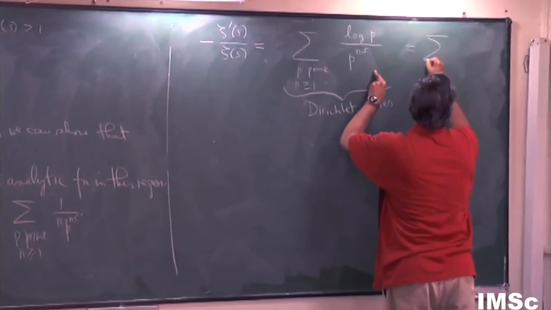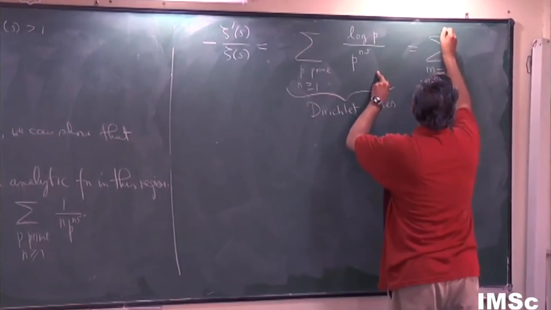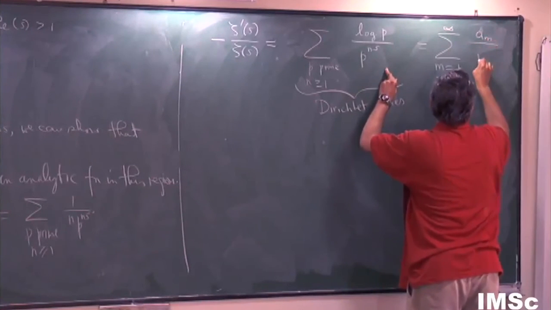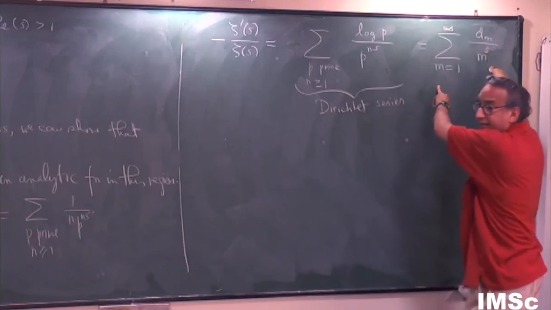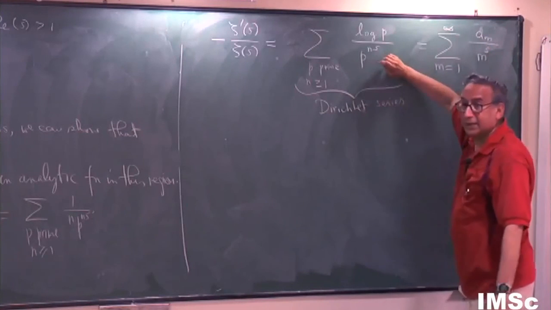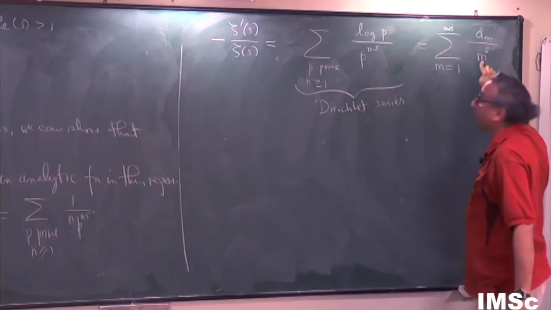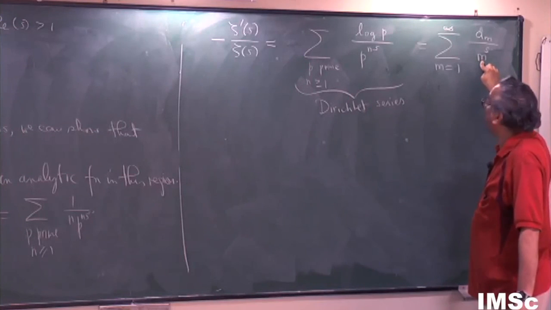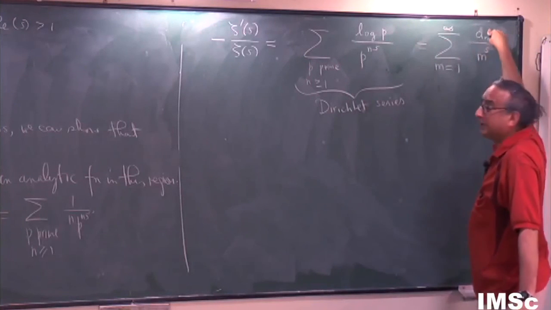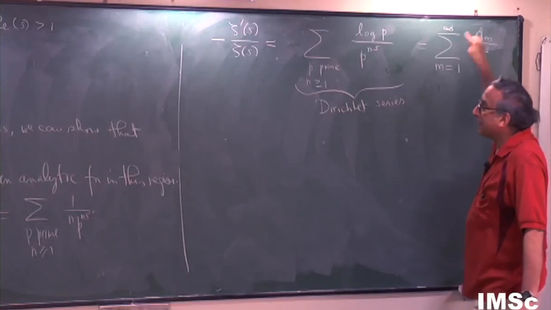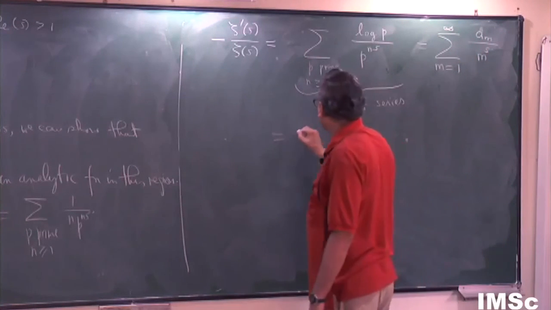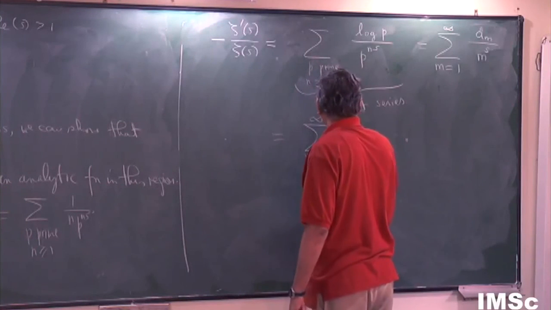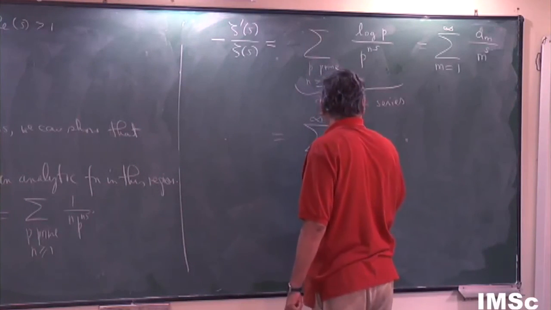Let me write it deliberately using m instead of n. And then I recognize that it's only supported whenever m is a prime power. And when m is a prime power, it's only log p up there. So this is nothing but that convenient notation that we had earlier, lambda of n over n to the s.